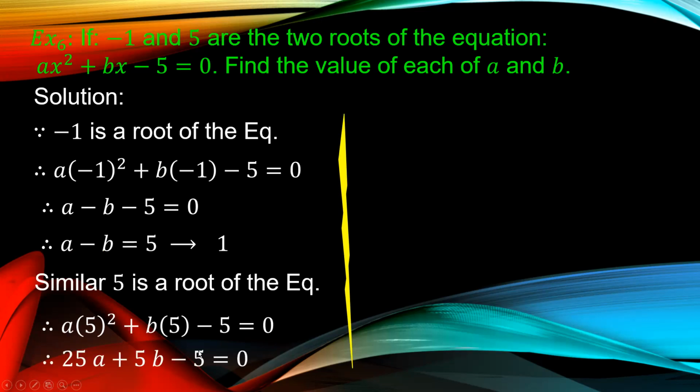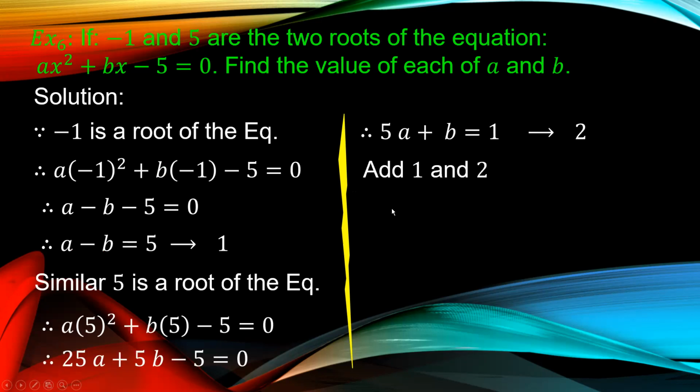It will be 25a plus 5b minus 5 equals 0, which gives 5a plus b equals 1. Then I will have two equations: a minus b equals 5, and the second one 5a plus b equals 1.